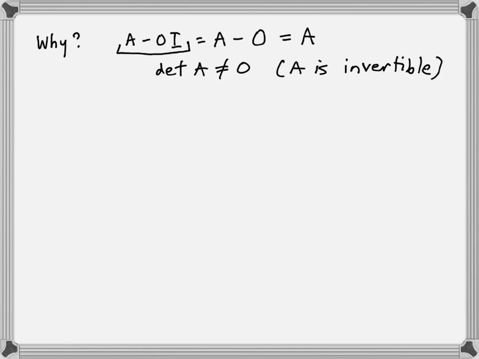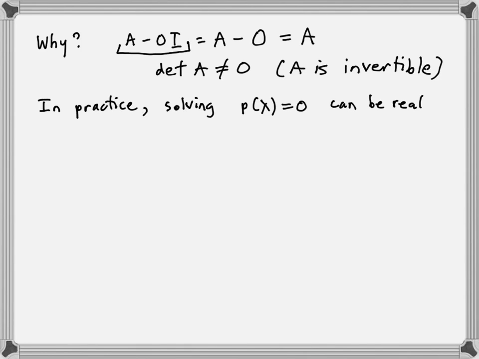So in practice, solving P of lambda equals 0 can be really difficult if n is more than 3.